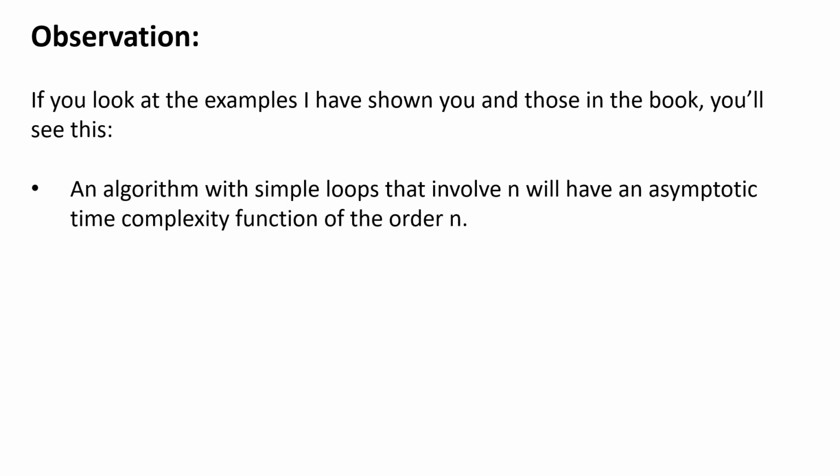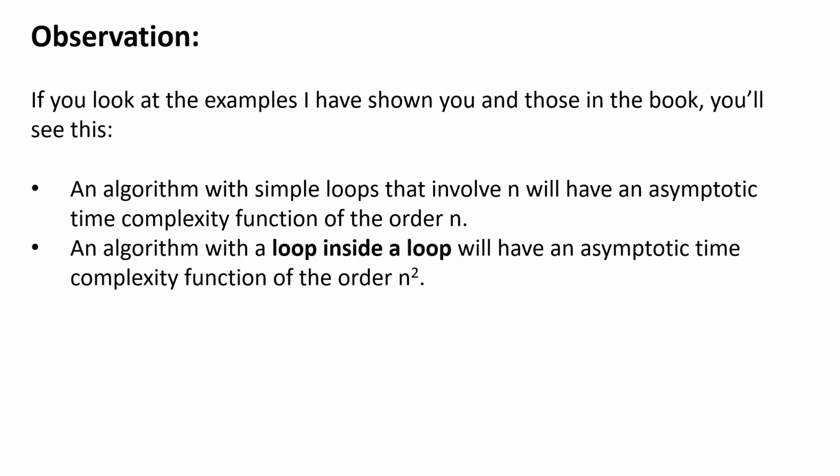If we have an algorithm with simple loops, what I mean by simple loops is we don't have a loop inside a loop, but just a loop 1 to n, something like that, a loop that involves n, or maybe there's more than one of them, but they're not inside each other, then that algorithm is going to have an asymptotic time complexity function of the order n. It'll be theta of n.